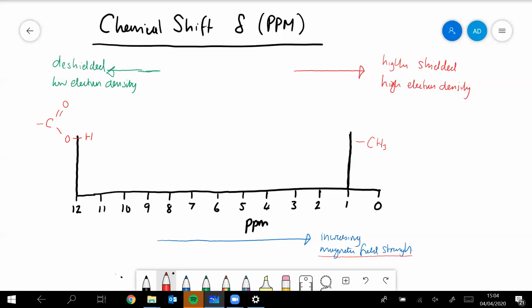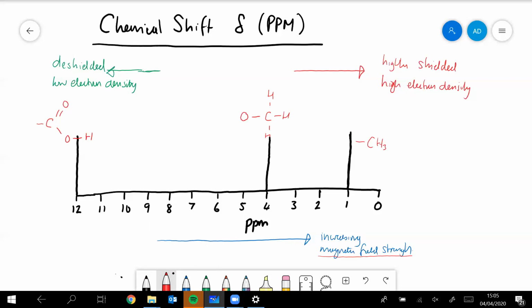One of the most common ones that comes up, we've seen it a lot, haven't we, is this one, a ppm of about 4. That is when you get protons which are attached to a carbon which itself is attached to an oxygen.